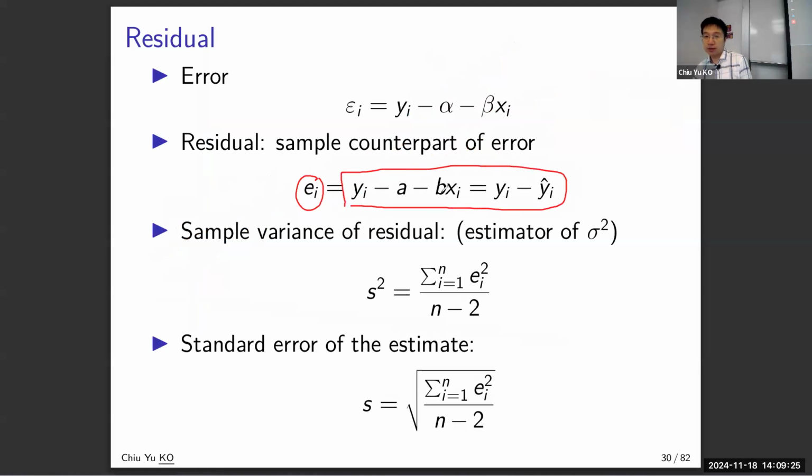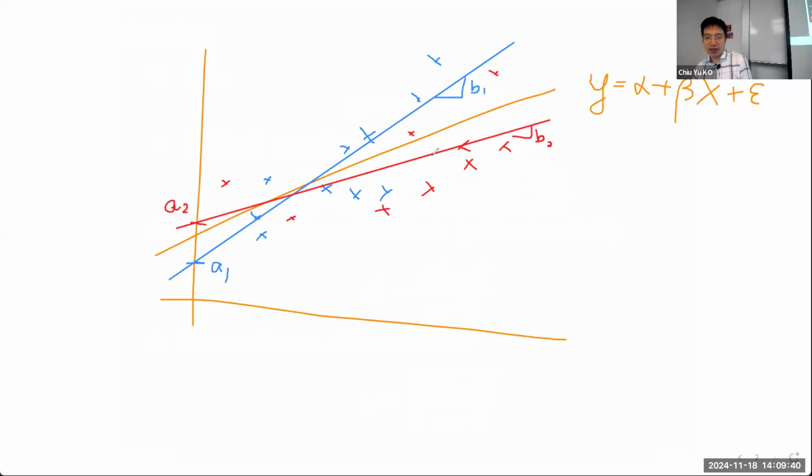What does that mean? This is the data you have. This is the model you got. What does that mean? Go back to here. This is called the ei. The ei, what is that? Suppose the red one is the y hat you got, and this height is the y.